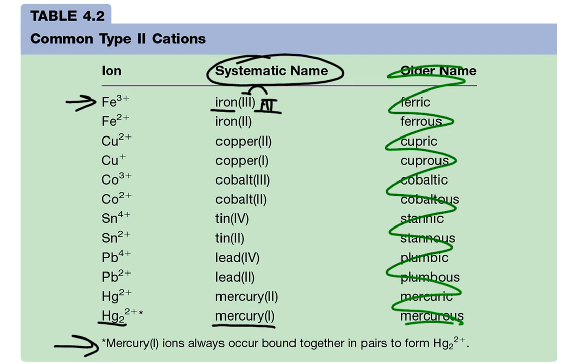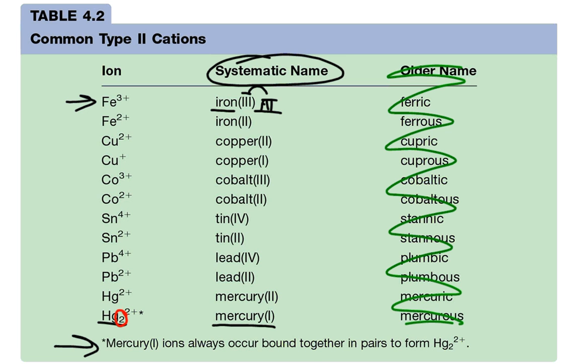It should be on the next page, which has the polyatomics, because this is actually made, as you can see with the little subscript right here, it is a polyatomic ion. So the mercury 1 ion is a polyatomic that's a 2 plus. And then, of course, there's just the regular mercury, which does not exist as the mercury 2. It just exists as one atom of mercury with a positive 2 charge.